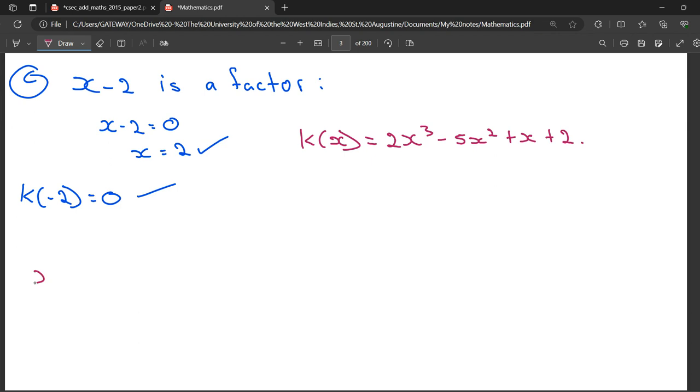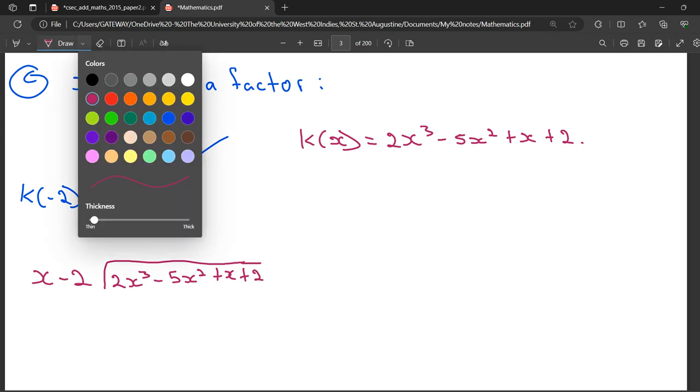So we have x minus 2 outside the division symbol, and inside the division symbol what we have is the k of x, which is 2x to the power of 3 minus 5x squared plus x plus 2. So what we're going to do here now is simply the long division.